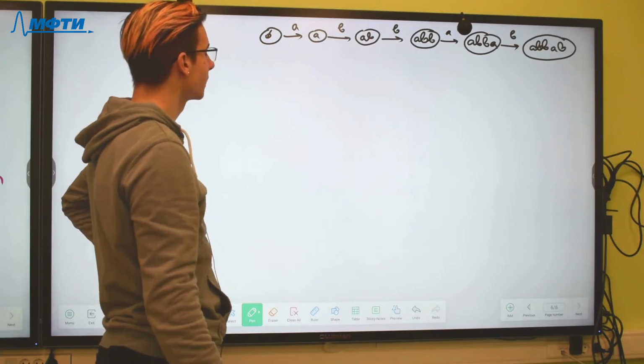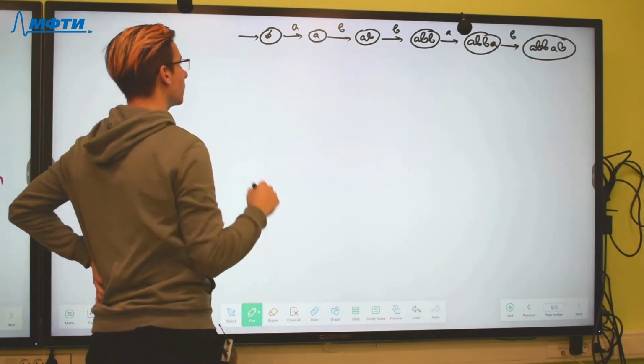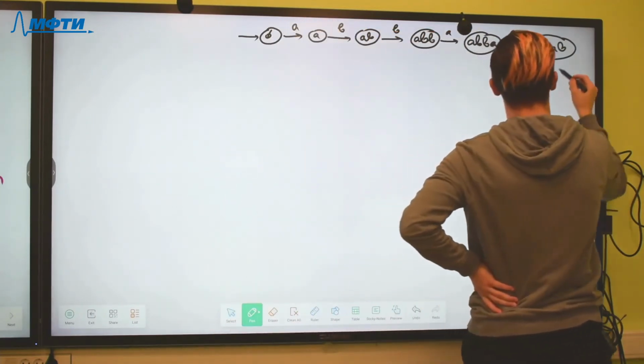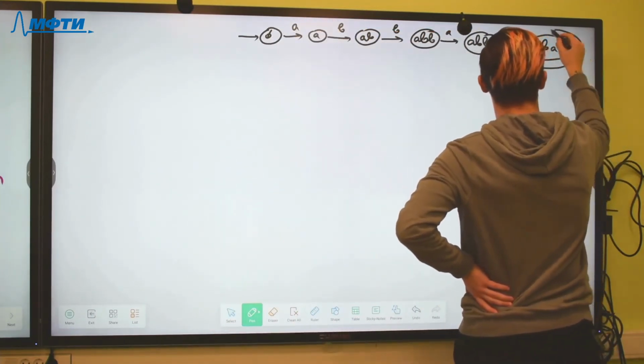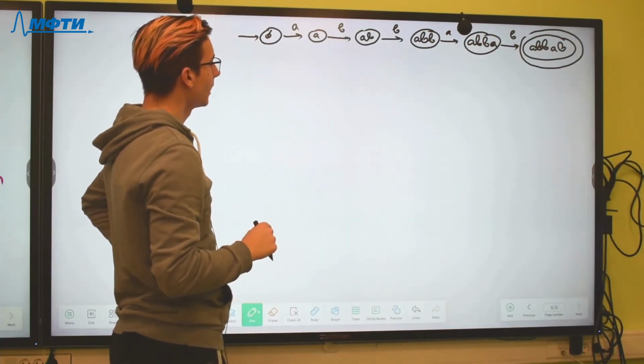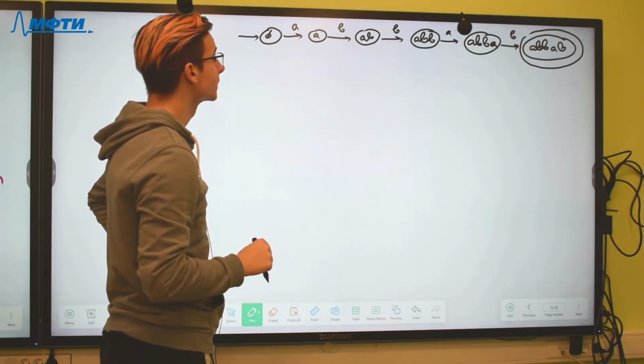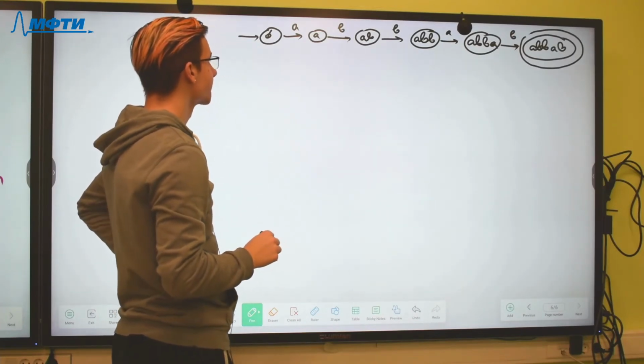Okay, firstly, we need to set these edges, and then we need to write here suffix links between these edges.